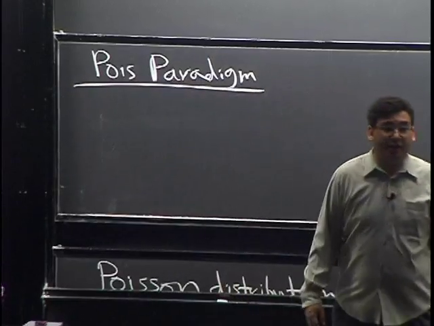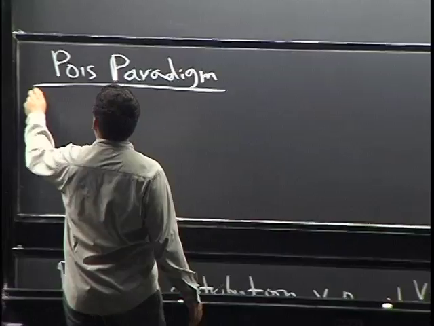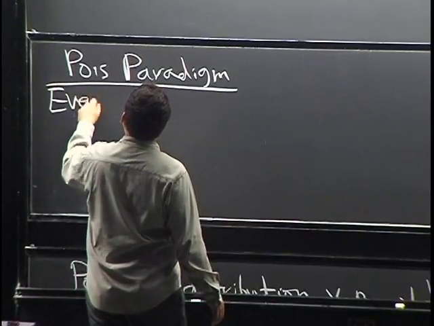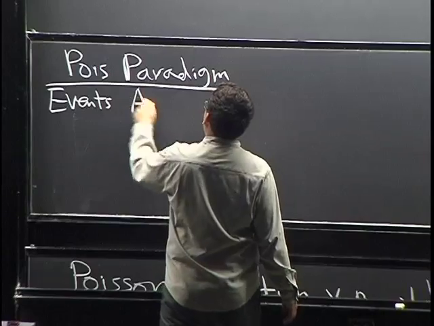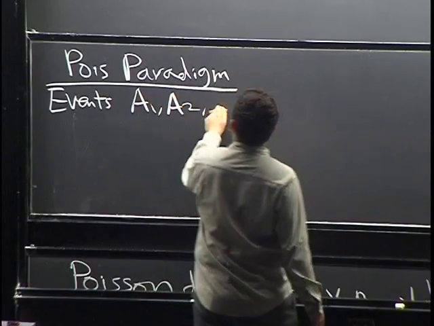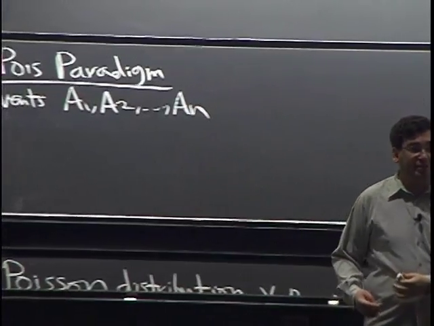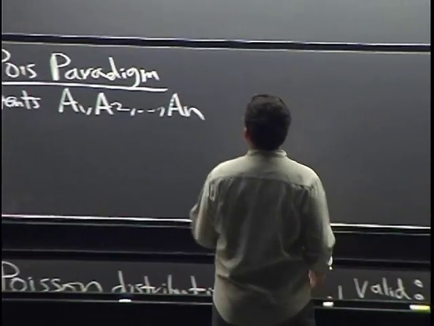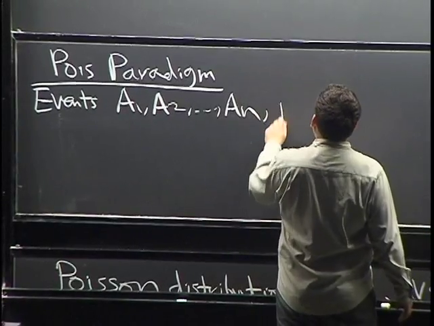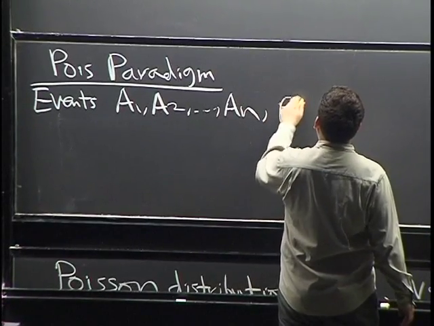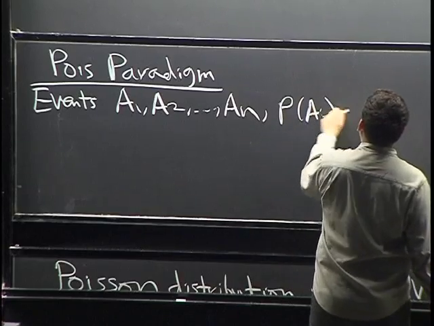But to say that in words, let's say we have events A1, A2, through AN. Suppose we have a lot of events, with P of AJ equals PJ.